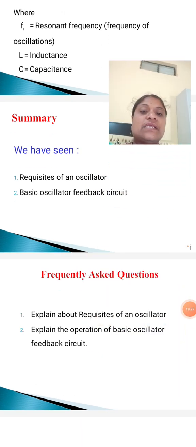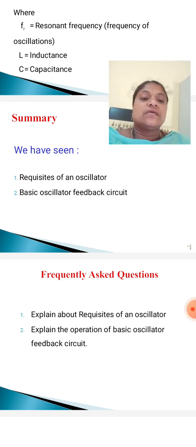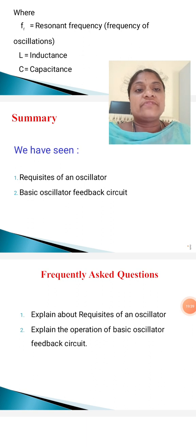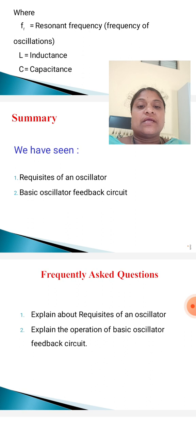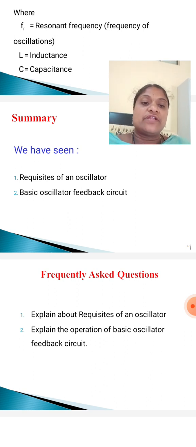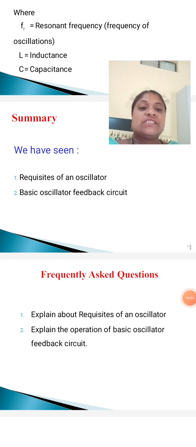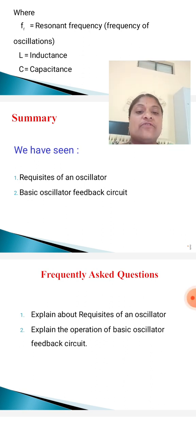Okay. And next, frequently asked questions that may be asked on today's topics. The first question is: explain about requisites of an oscillator. This question may also be asked as: explain about requirements of an oscillator. Another question that may be asked on today's topics is: explain the operation of the basic oscillator feedback circuit.